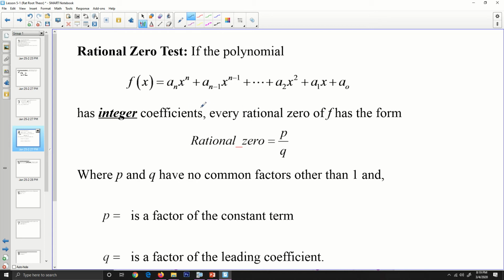And if you have a rational zero, and remember, a rational number is a number that can be written as a fraction, ratio, then p over q, where p and q have no common factors other than 1, and we don't worry about this a whole lot, we'll divide it out eventually. P is a factor of the constant term, which is a sub 0, and q is a factor of the leading coefficient, the coefficient in front of the highest degree term, a sub n.